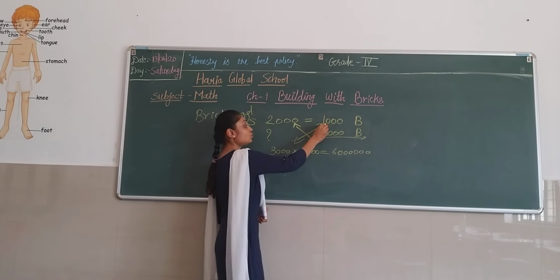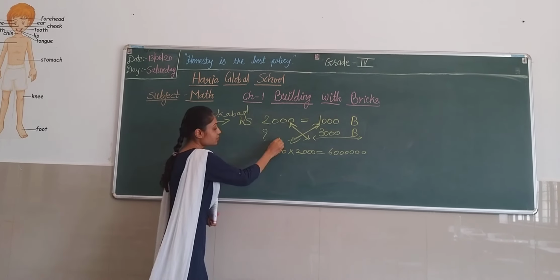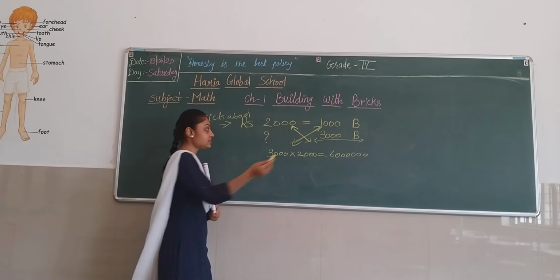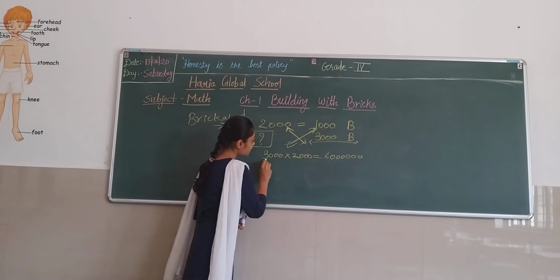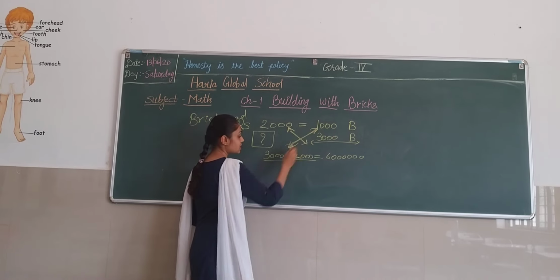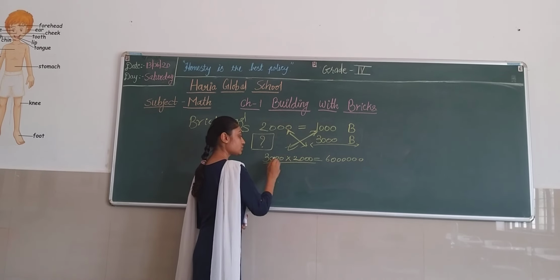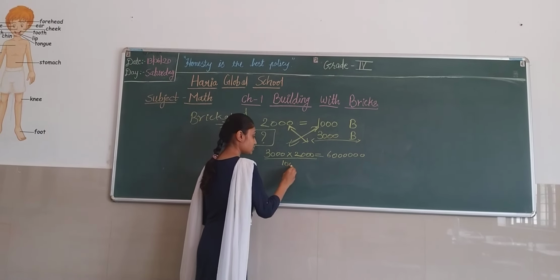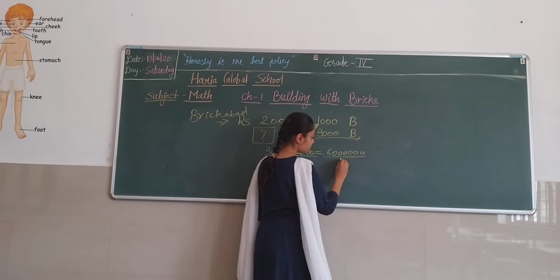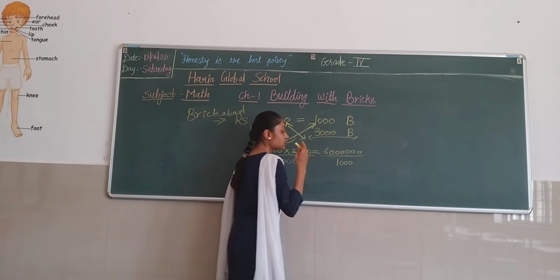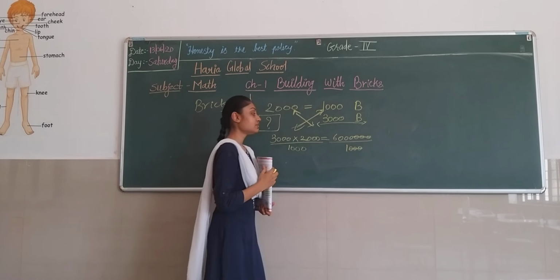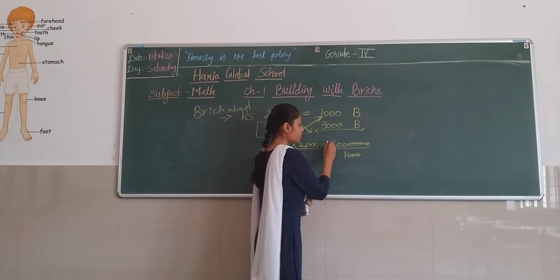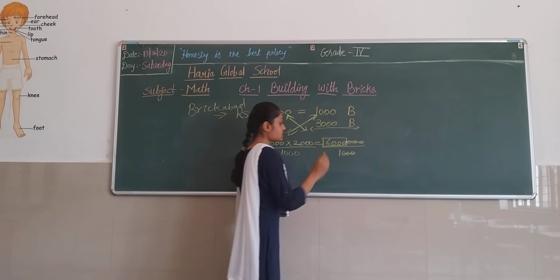You have to cross multiply 1000 with, but how many rupees? We have to find this out. So now what we are going to do, we are going to divide by 1000 the answer of this multiplication. So now we cancel this 0 with this 0. So now we have 6000.